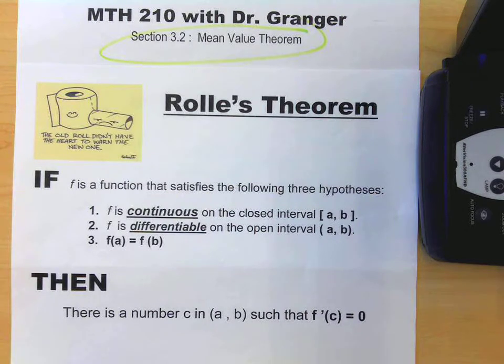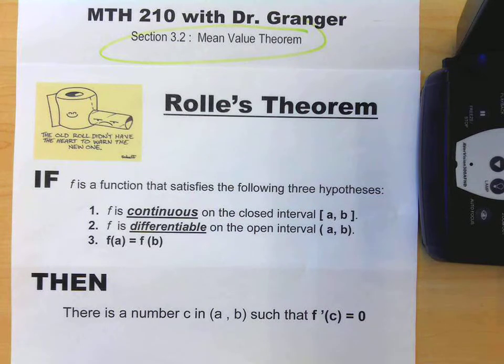Here's the theorem. We have a hypothesis and we have a conclusion. It's an if-then statement. So if the hypothesis is true, then the theorem gives us that the conclusion is true. The hypothesis is the if statement. If f is a function that satisfies the following three hypotheses: the function is continuous on the closed interval [a, b].